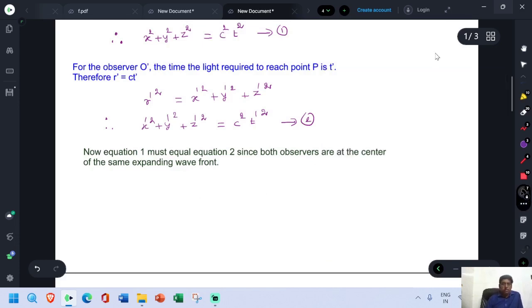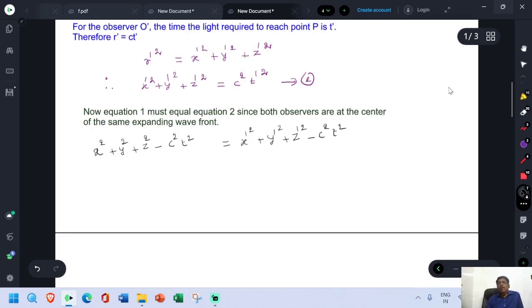Now we have to write x square plus y square plus z square minus c square t square equal to x dash square plus y dash square plus z dash square minus c square t dash square. There is no relative motion along the y and z directions.